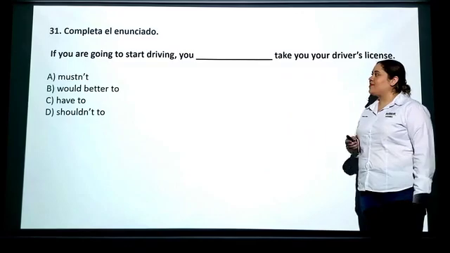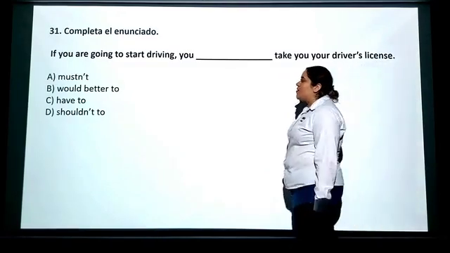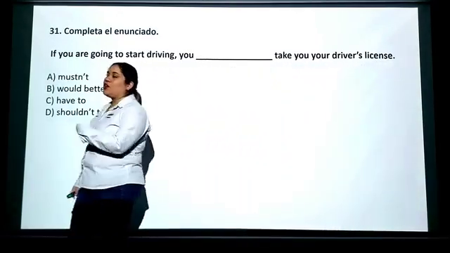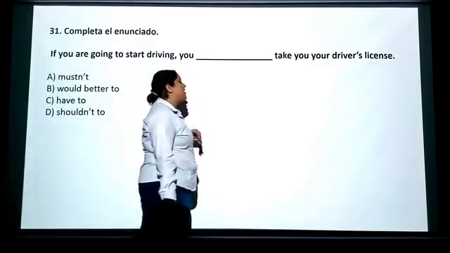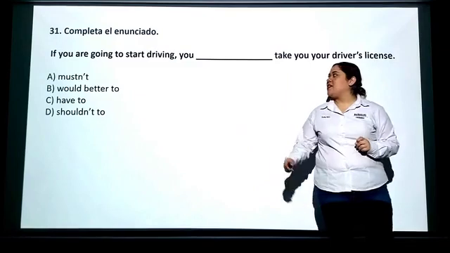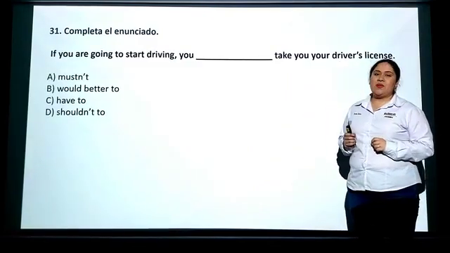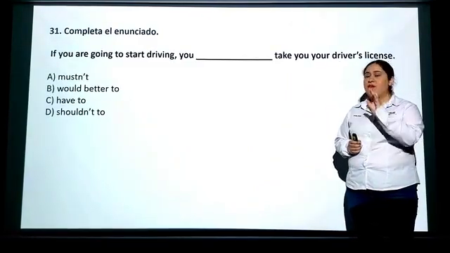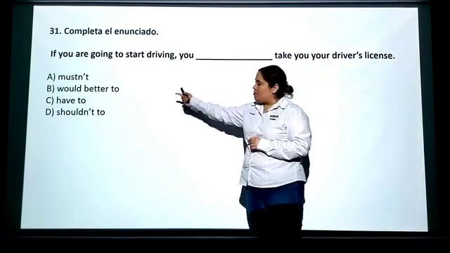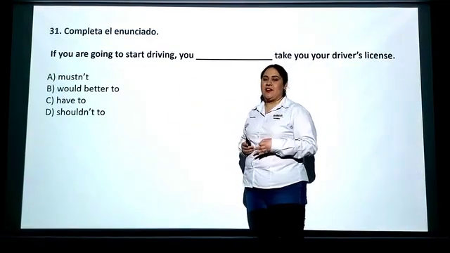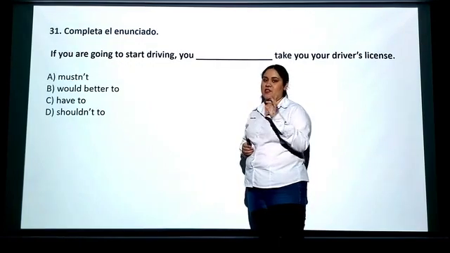Continuamos. 31. If you are going to start driving, you take your driver's license. Let's pay attention to this. Is this important to do? Yes or no? Of course it is. But if you take a look at this, you may see some that don't even exist, sorry.